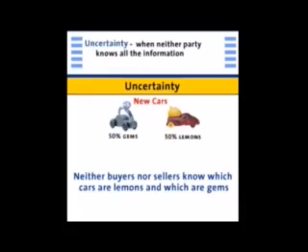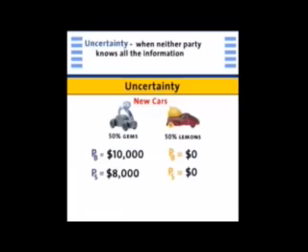Now, given that you're buying a car and you don't know whether it's a gem or a lemon, but you do know the odds, the market for cars becomes a kind of lottery. When you buy a car, you're buying a lottery ticket. You're buying something that half the time is going to be worth $10,000 to you if you're a buyer, and half the time it's going to be worth nothing to you because it's a lemon.